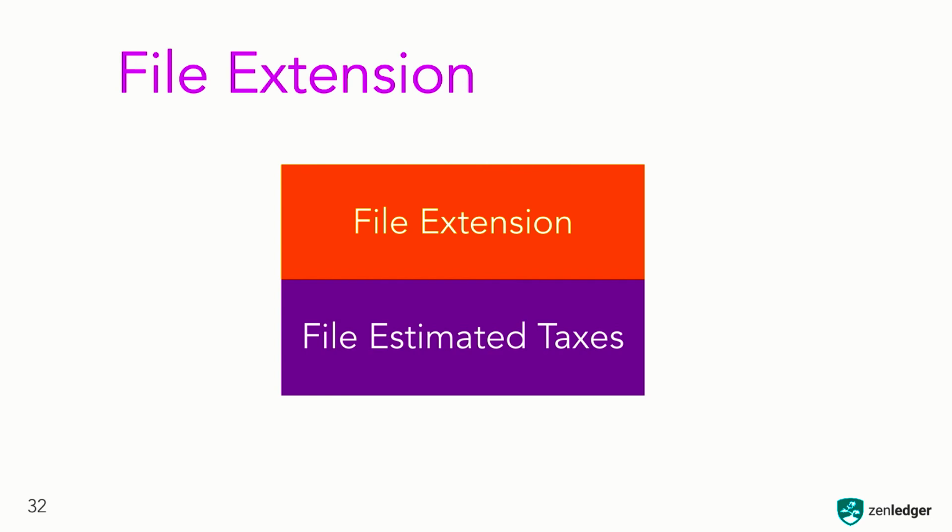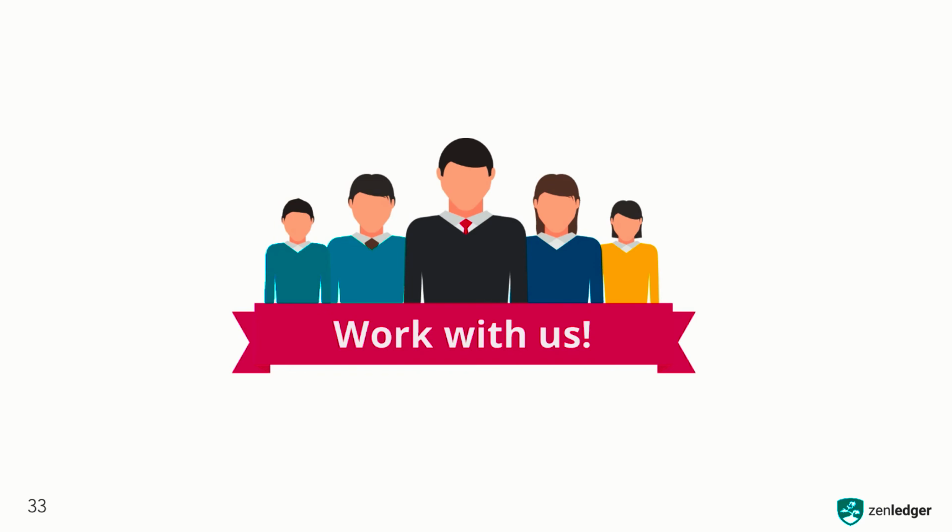They might have you file estimated taxes early in order to let you have that extension and still not get in trouble. Sign up with ZenLedger, and if you find that there's any exchange or anything else that we don't support currently, just notify us, and we will be adding exchanges and other support, and we will work with you over time and get your taxes completed.